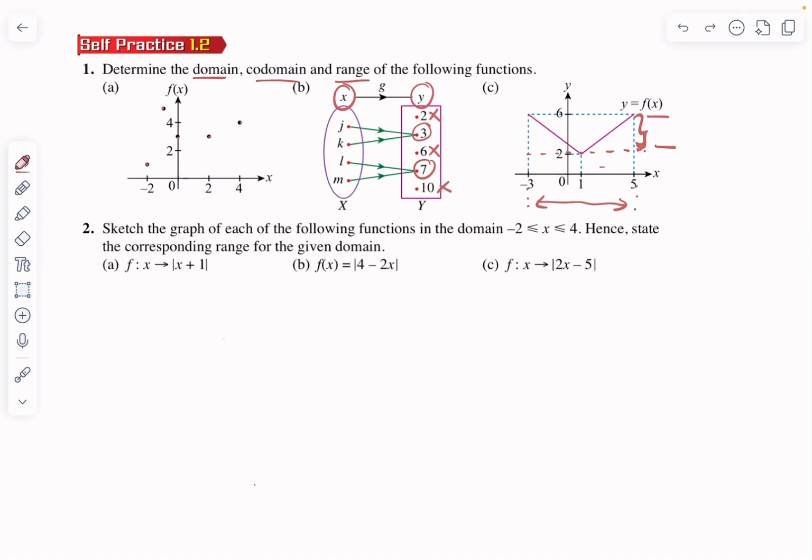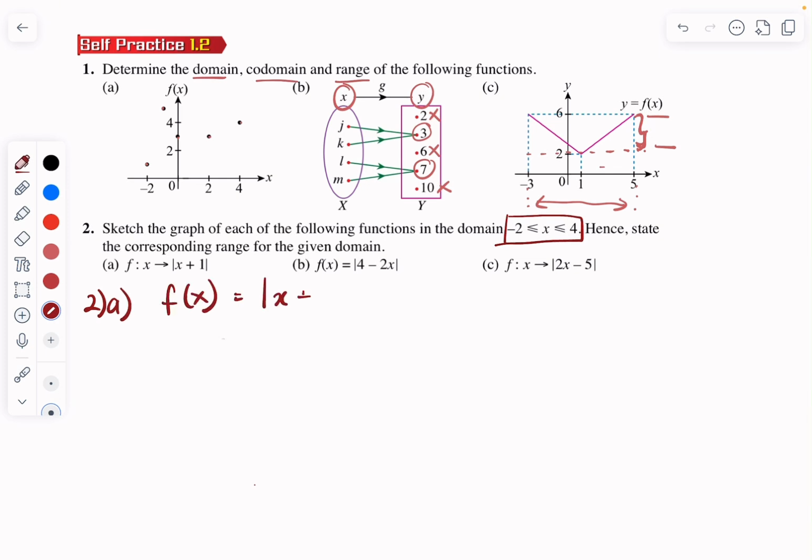Sketch the graphs of each of the following functions in this domain. Hence, state the corresponding range for the given domain. They ask us to draw the graph of modulus x plus 1. The first step is we have to draw a graph of f(x) equals x plus 1 without the modulus.